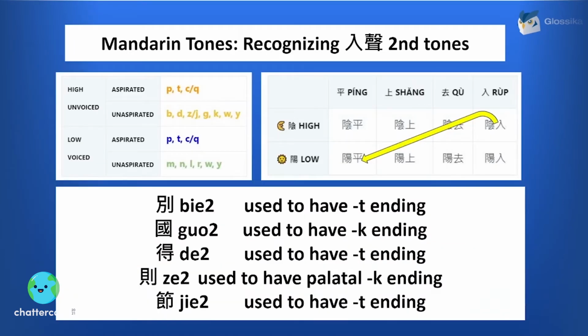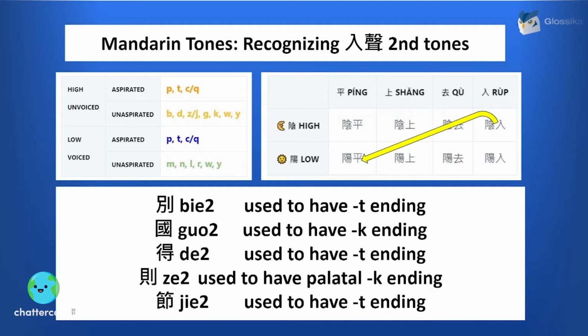How can we recognize the ru sheng words that were originally ru sheng in Mandarin? We can do that by looking at the 2nd tone of Mandarin. If you know that the b, d, z, g words in Mandarin cannot appear in the second tone, in the low tone, but yet you see all of these words in Mandarin like bie and guo and de and ze and jie, they all are in that low tone, in that second tone of Mandarin.